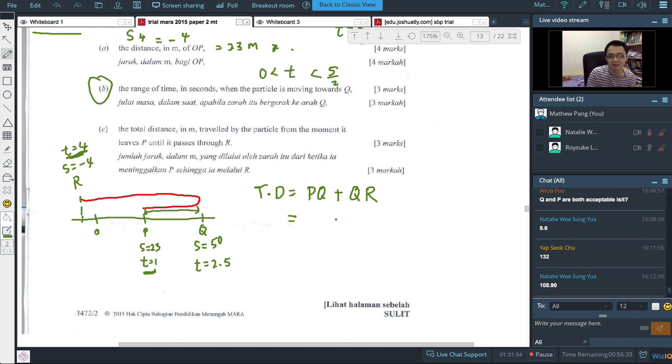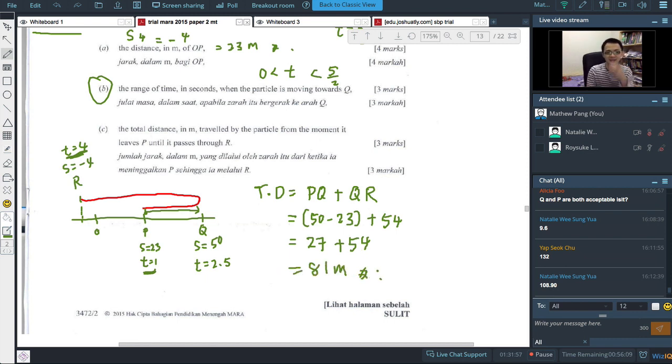Use 50 minus 23, which is 27. QR is from 50 to -4. You have to understand from 50 to -4, it will be 54. So this is 27 plus 54. The total distance will be 81 meters.